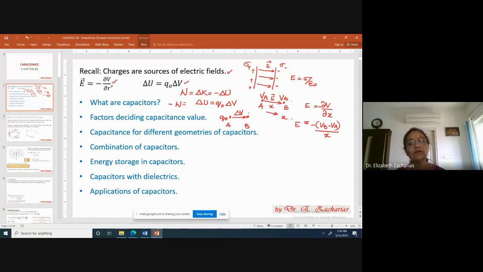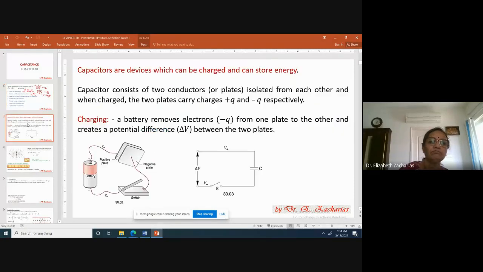Next, how do you change the energy storing capacity of a capacitor? We'll notice that we can put dielectrics into the capacitor and change the energy stored. And lastly, applications of capacitors. These are the various things that we'll be quickly going through in this chapter, so let's do it one after the other.